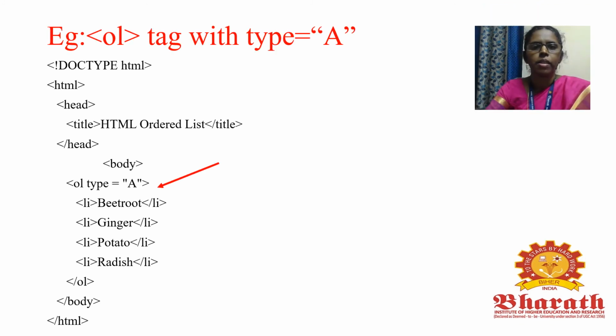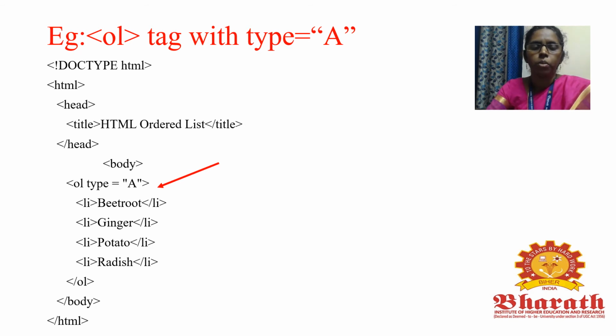Next example is the OL tag with type is equal to A. The same HTML program we are using. So we have to write the head part, as well as within the body part we have to mention type is equal to capital A. Capital A is nothing but uppercase alphabets. The list items should be enclosed within the tag LI.